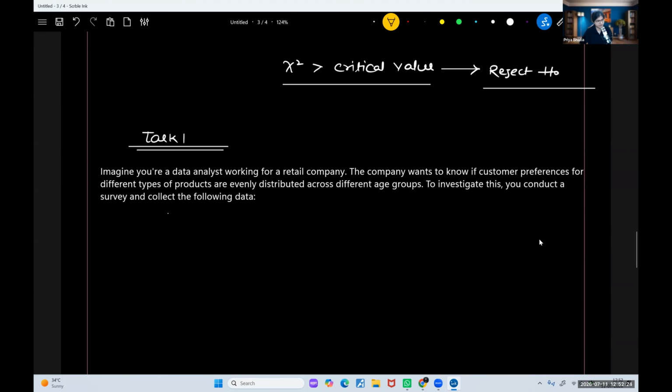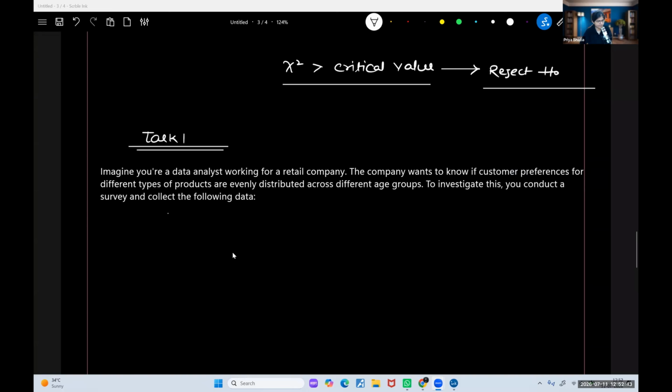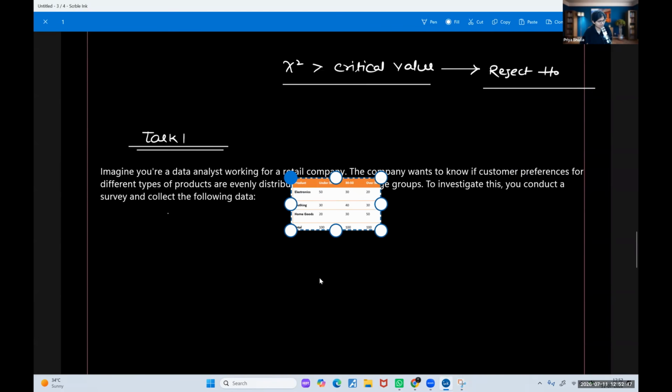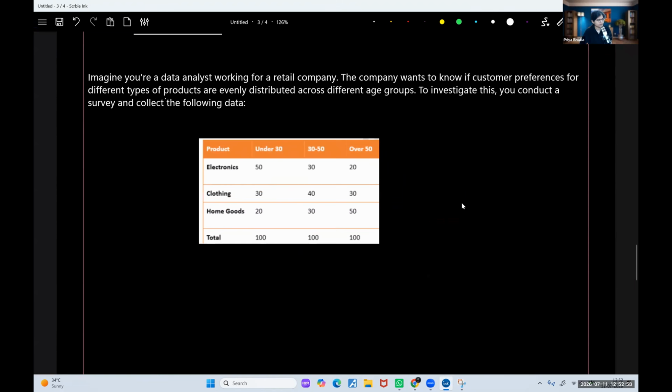You have to investigate this, and to do that, you did one survey. उस सर्वे में आपके पास जो रिजल्ट्स आए, you can see these are the results which you are getting. These are the results they got. The products are 3: electronics, clothing, home goods. The columns show the age distribution, with age categories under 30, 30 to 50, and over 50.